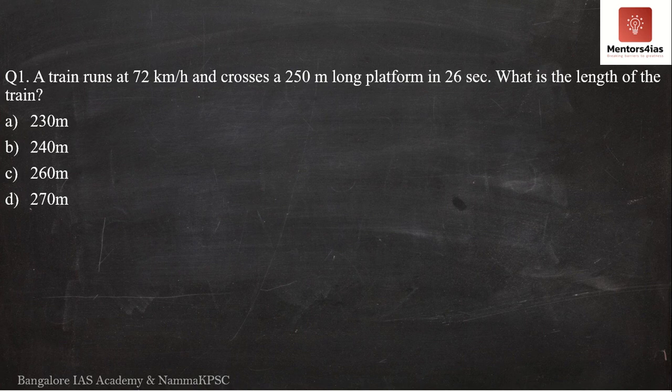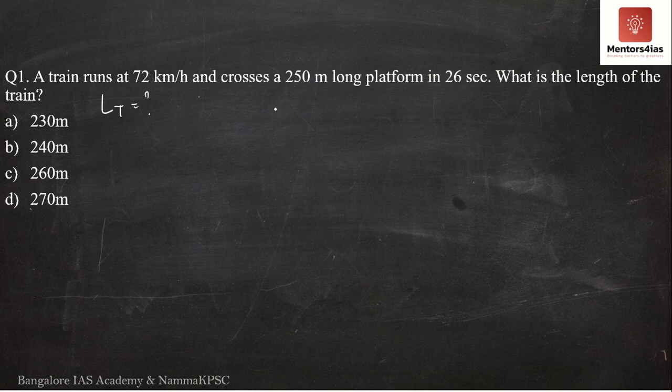Now, the first question says, a train runs at 72 kilometers per hour and crosses a 250 meters long platform in 26 seconds. Then what is the length of the train? The question over here is asking for the length of the train.